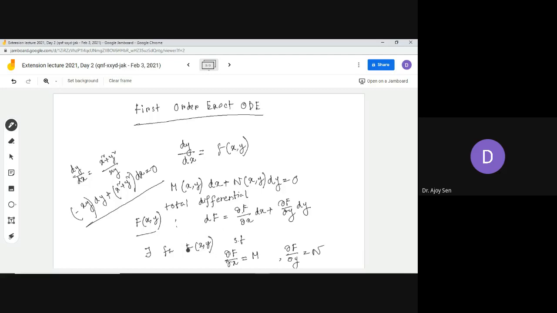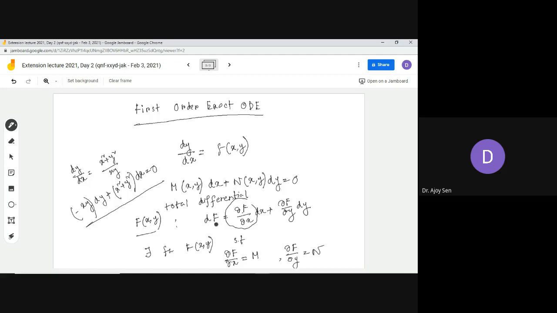It is very hard to show the existence of this kind of function, so we'll make it easier by some theorem later on. But for the definition, there exists some function. Actually, this is the total differential, and you write this part as M, and this part as N.